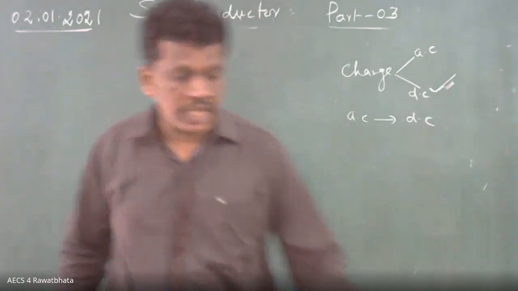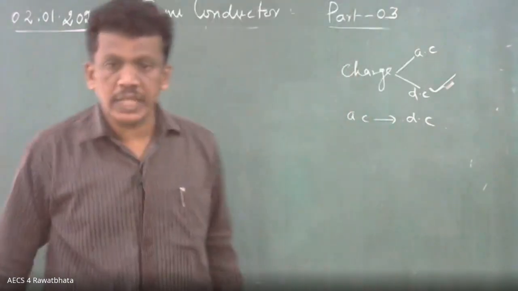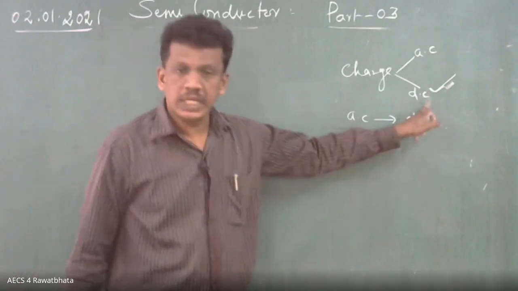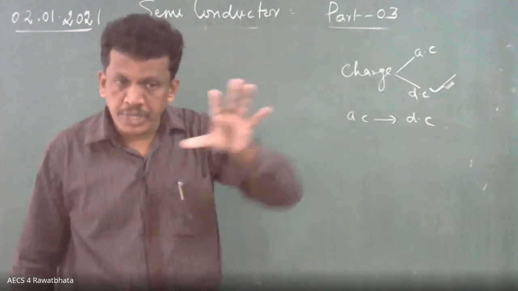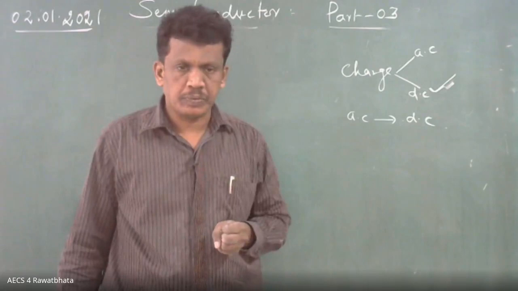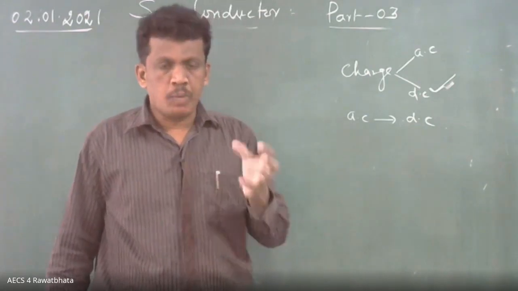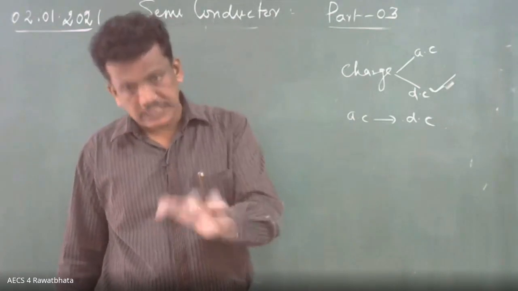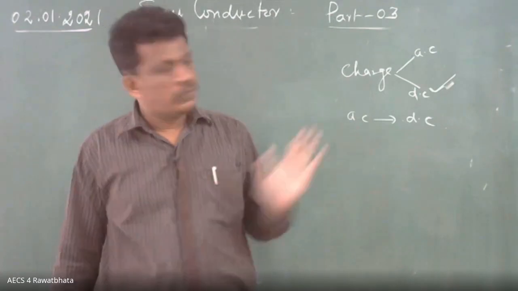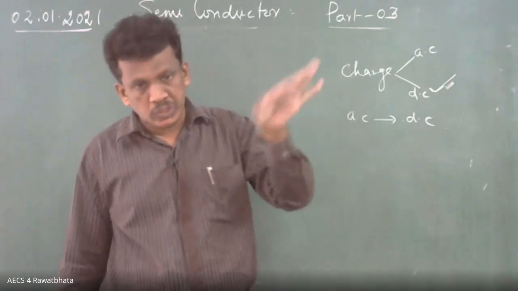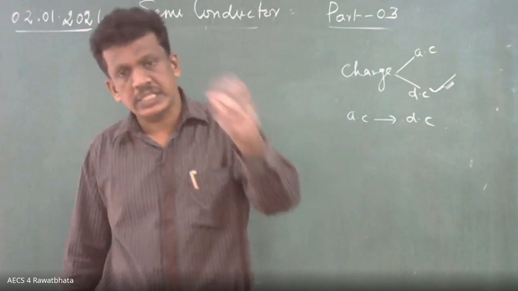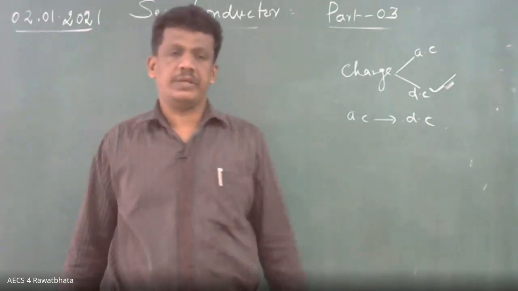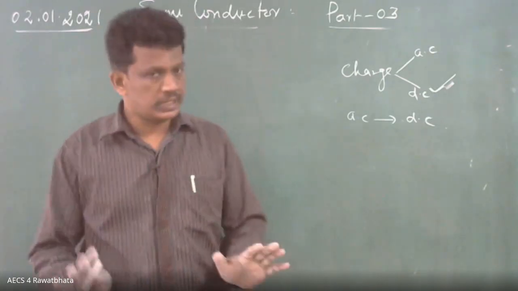How to convert AC into DC? That only we are going to discuss. So what we are getting at home? AC. But for the mobile charger, what is the actual input you have to give? DC. Then what will we do? We will convert from AC into DC. That DC is given to charge the battery. Okay, so that is the concept.